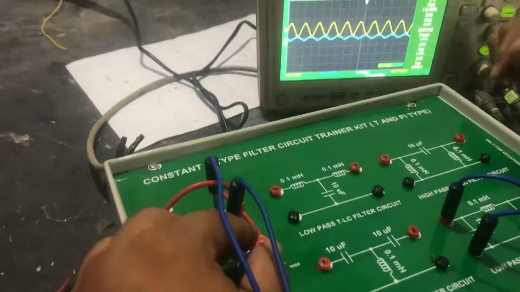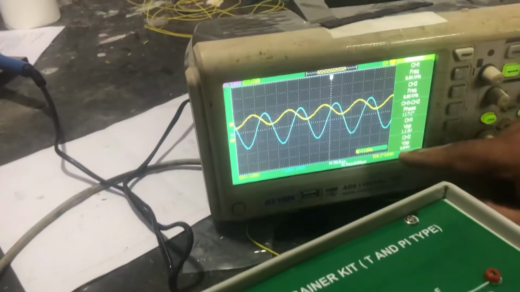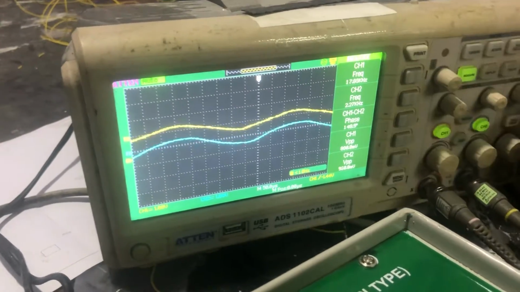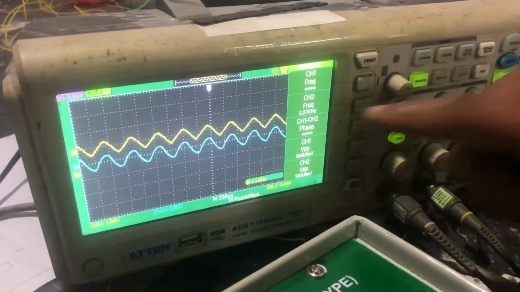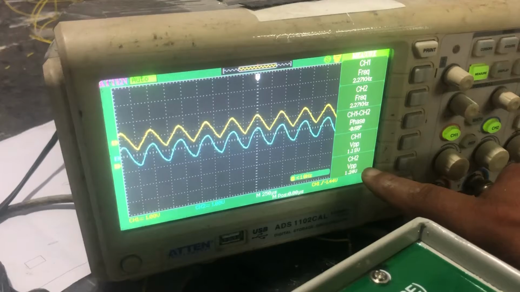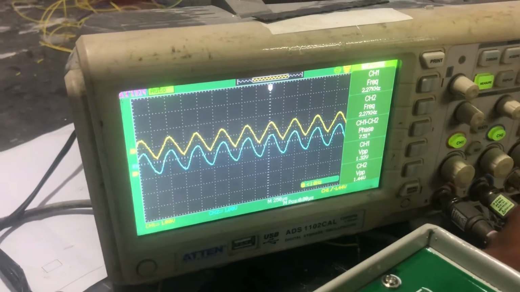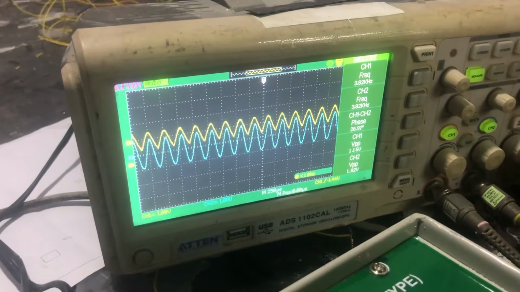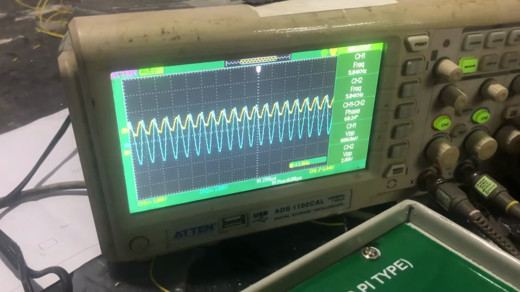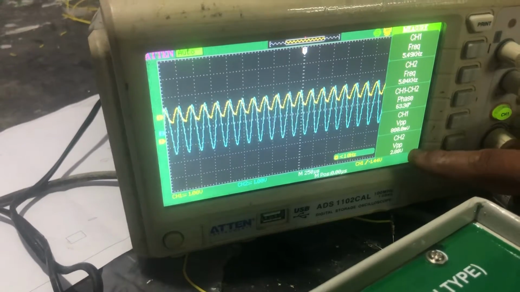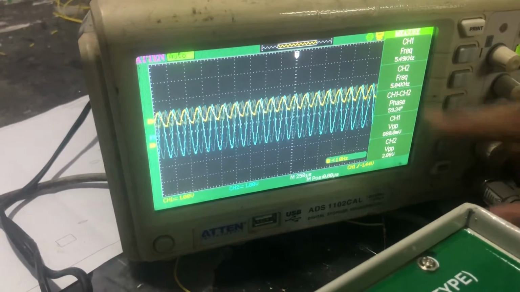Here I am reducing the frequency to about 2 kilohertz. Input and output have near about similar peak to peak voltage. I can increase it with this knob, and when I increase the frequency to 5 kilohertz, channel 2 peak to peak voltage is greater than channel 1.